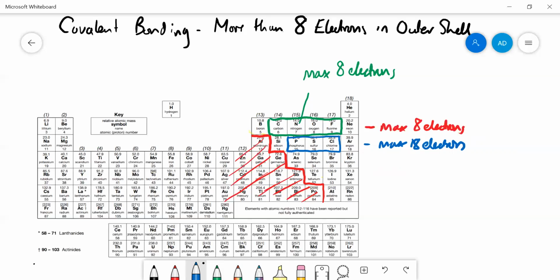These other elements here, so all this lot here, these can obviously have 18 electrons as well. Arsenic, selenium, tellurium, we're not so concerned with them, really, are we? But bromine and iodine, yet we deal with a lot of compounds of bromine and iodine. So we need to remember that they can have a maximum of 18 electrons also.